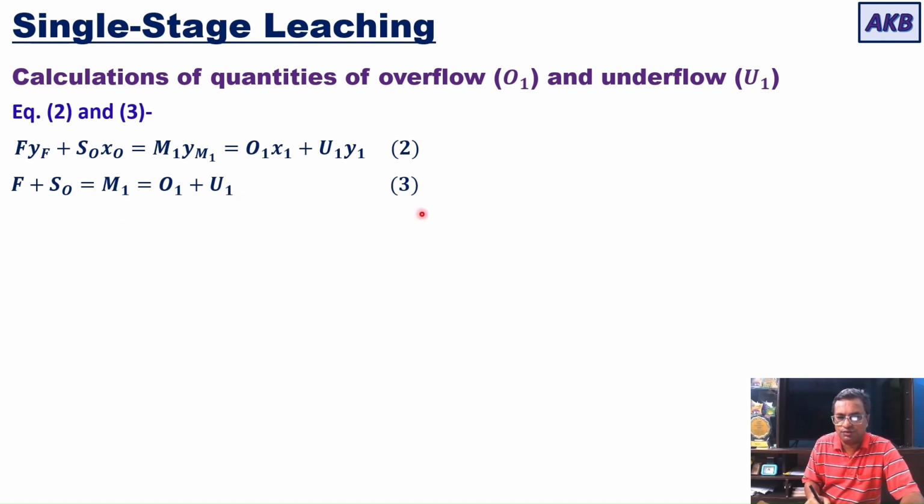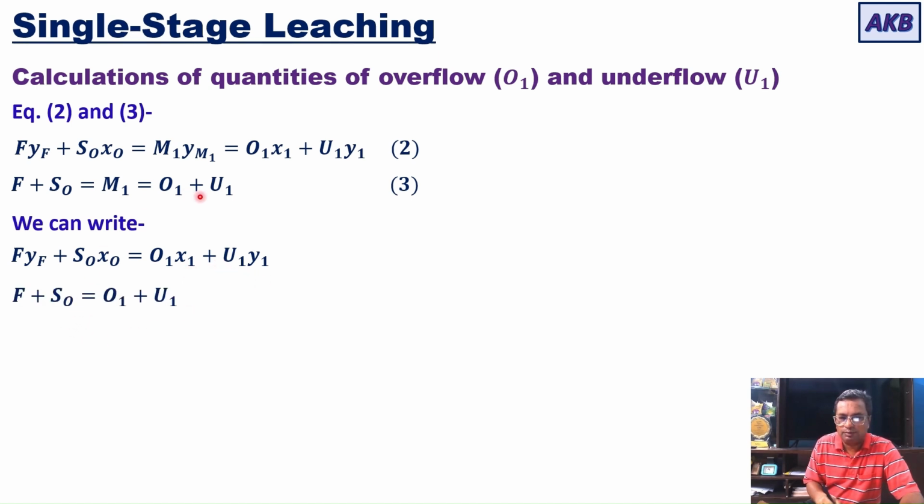Now we can write from equations 2 and 3: F into YF plus S0 into X0 is equal to O1 into X1 plus U1 into Y1. And from equation 3, you can write F plus S0 is equal to O1 plus U1. Let us say this is equation number 4 and this is equation number 5.